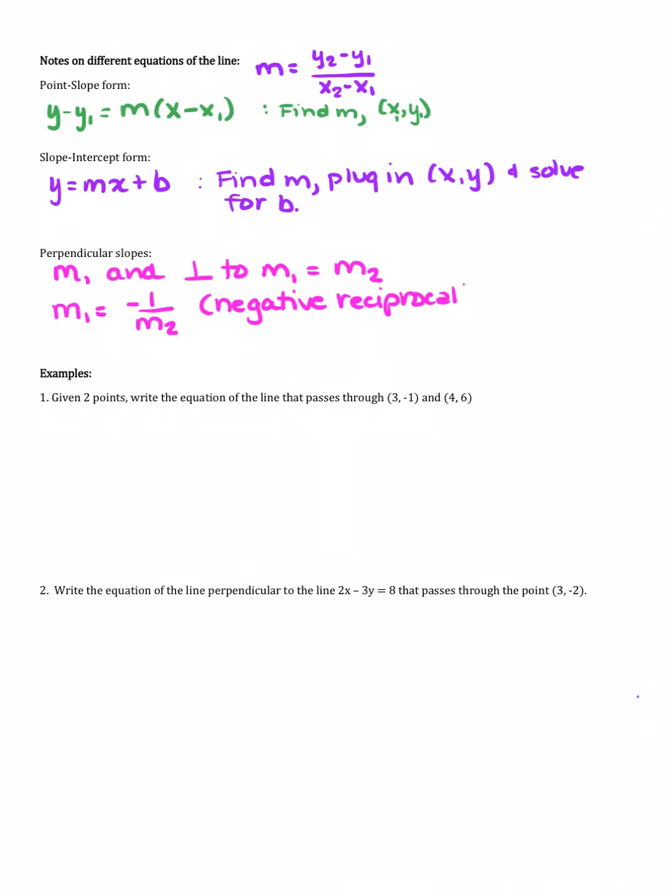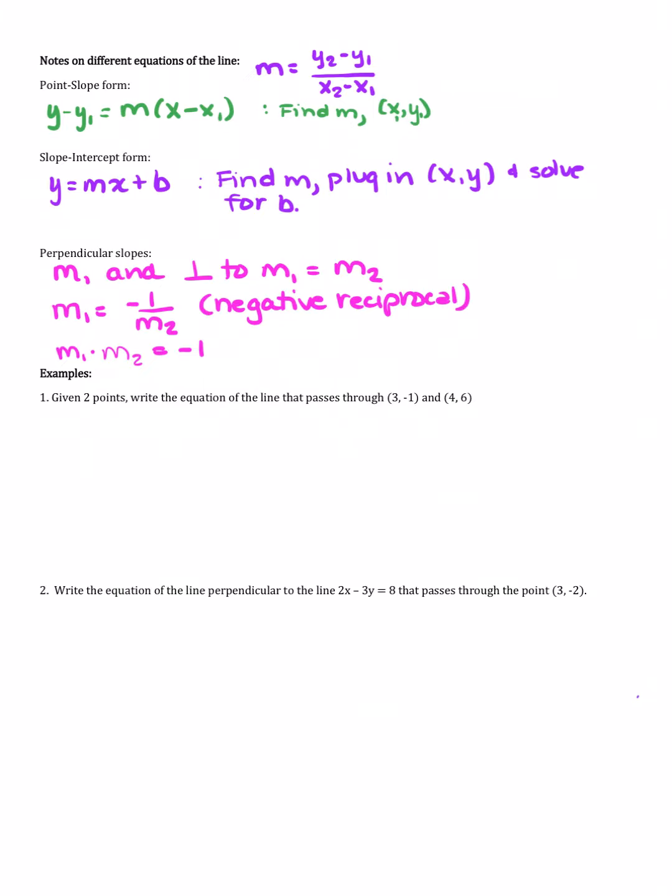Another way to check is m1 times m2, if they are perpendicular to each other, should equal negative 1. We will then practice these in the examples below, and I'll use both forms because we occasionally ask for one form or the other.